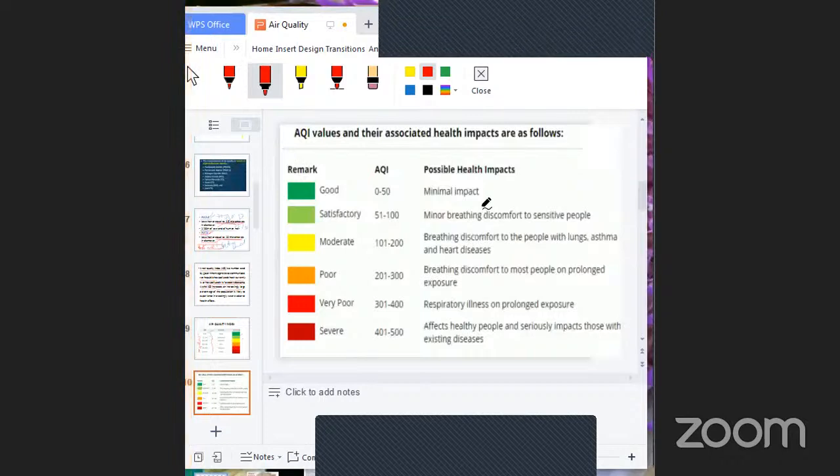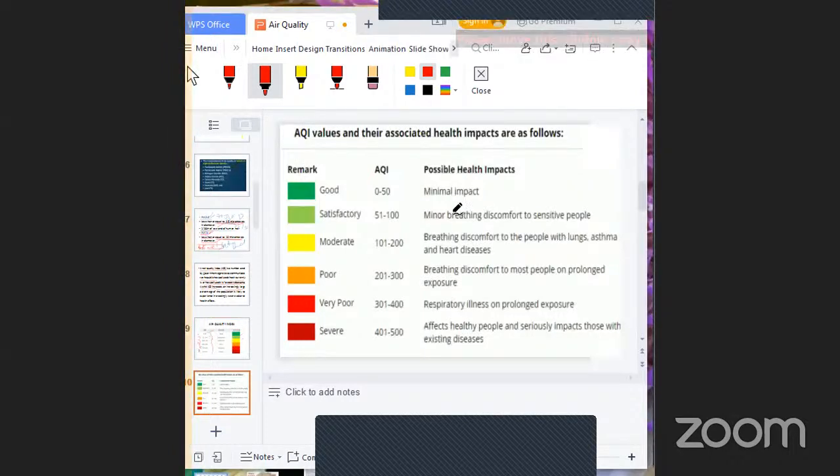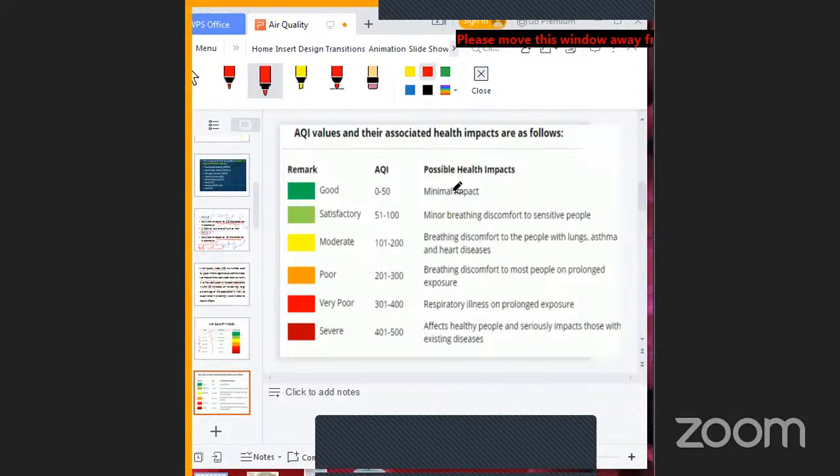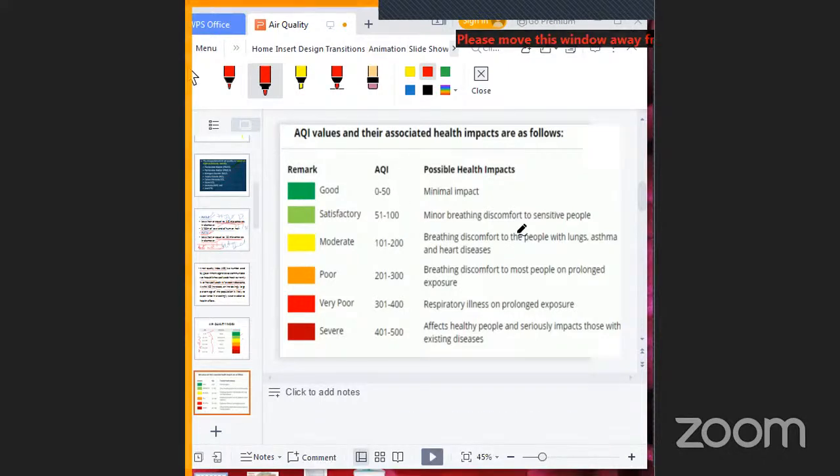So there are 6 air quality categories, namely good, satisfactory, moderate, poor, very poor, and severe. The proposed air quality index will consider 8 pollutants: PM10 and PM2.5, nitrogen oxide, sulfur dioxide, carbon monoxide, ozone, ammonia, and lead.